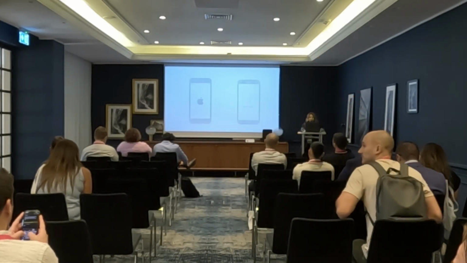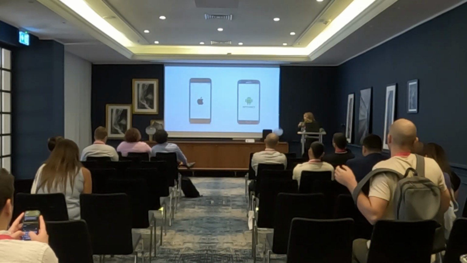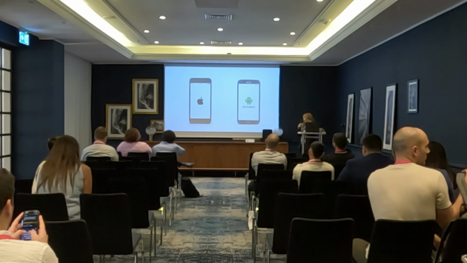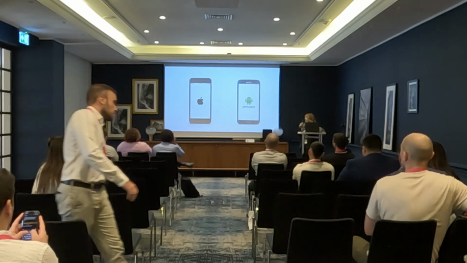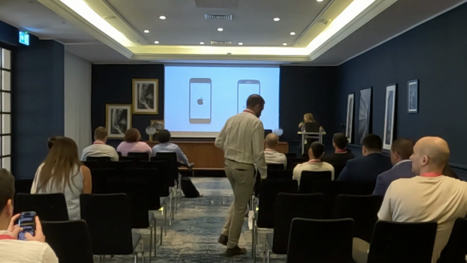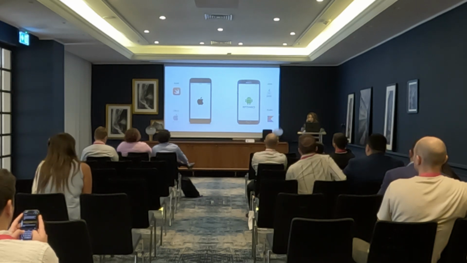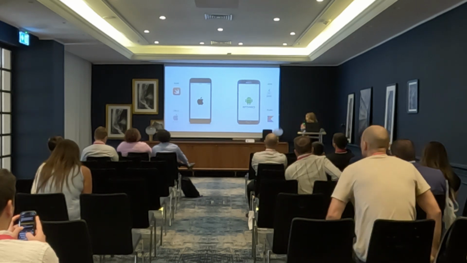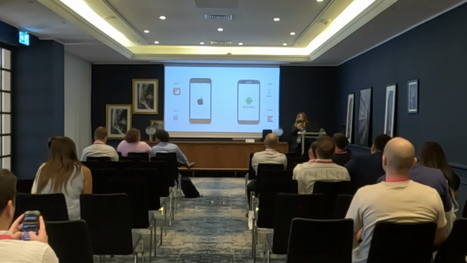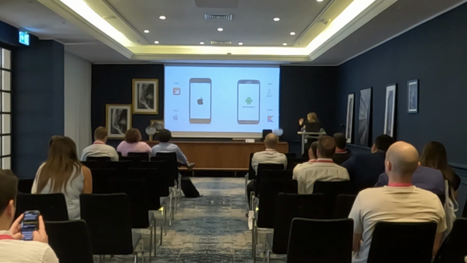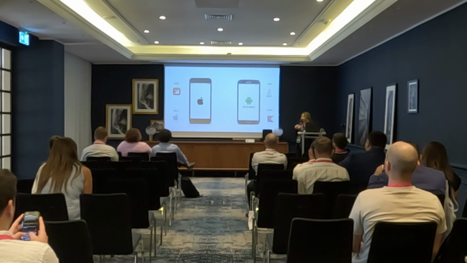To write a successful native app, you will want that app to be accessible on both iOS and Android platforms. And to do that, you will need to know different languages. For iOS, you will need to know Swift or Objective-C, and for Android, you will need to know Java or Kotlin.